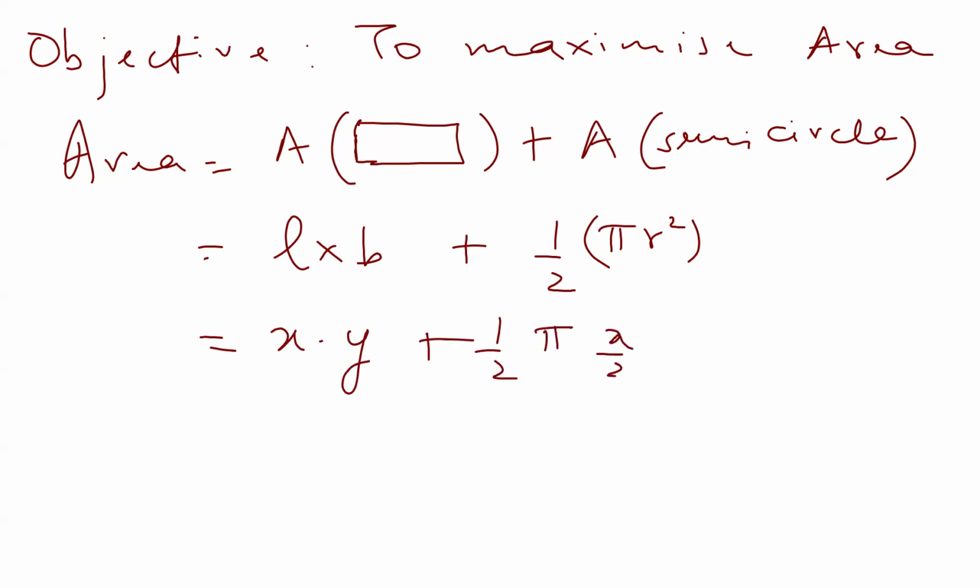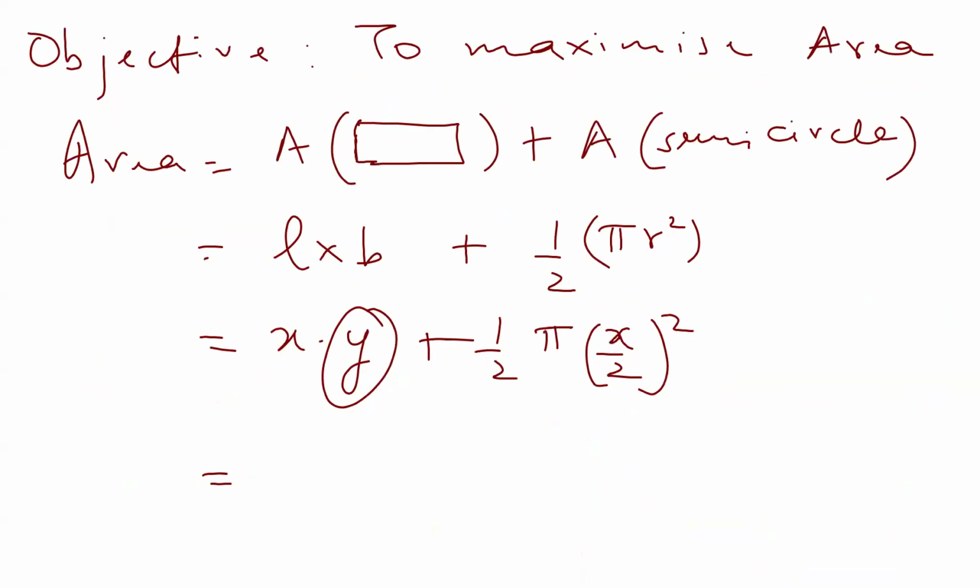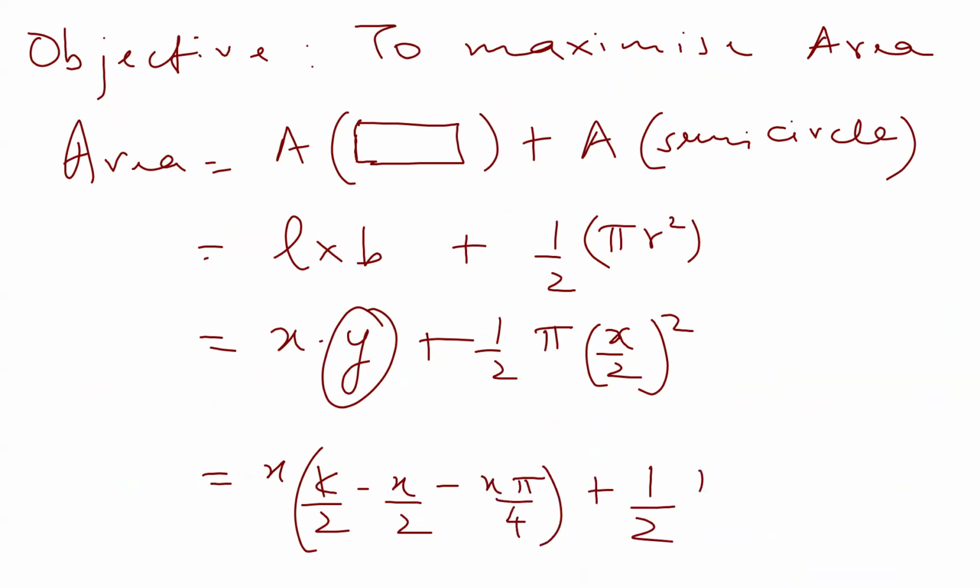Half pi x by 2 the whole square. Now y value we already have calculated. Y value is k by 2 minus x by 2 minus x pi by 4. Half pi x square by 4.